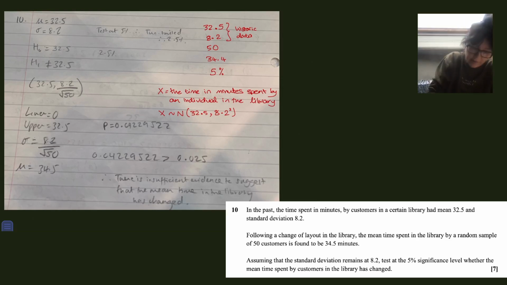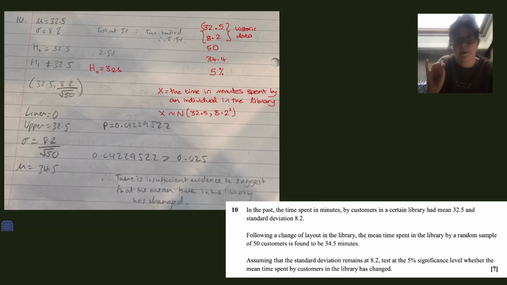So we've got the historic data, and the whole point of this hypothesis test is to challenge the mean. It's not challenging the standard deviation, we're challenging the mean, the 32.5, which is what you've got here as your H0. But you're going to lose a mark, for two reasons. You would lose the mark anyway because you said H0 equals 32.5.